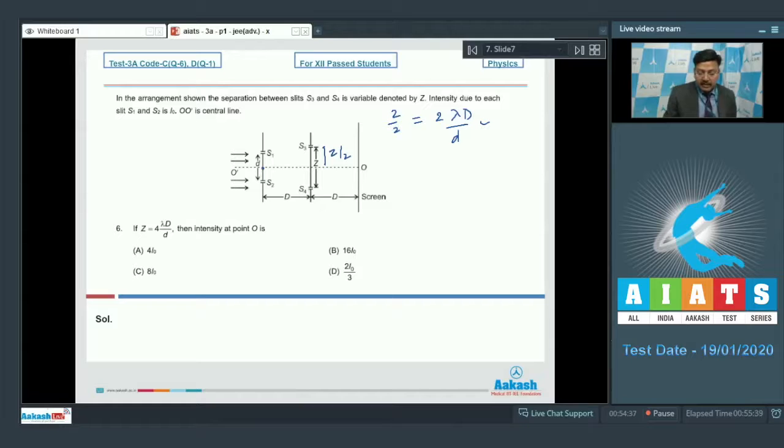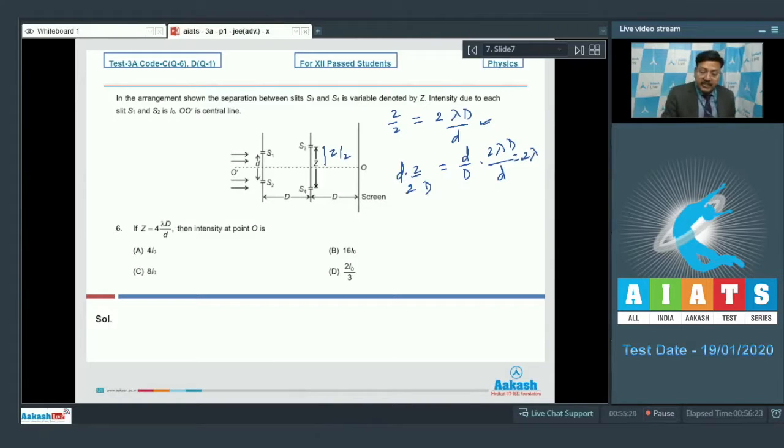Now if we do that, this is the value of y, and we know that the path difference for the waves coming from S1 and S2 at S3 is given by the expression d times y by capital D, here small y is Z by 2, and this is then equal to d by capital D times Z by 2, and Z by 2 is 2 lambda capital D by small d. We can see that this value is coming out to be 2 lambda.